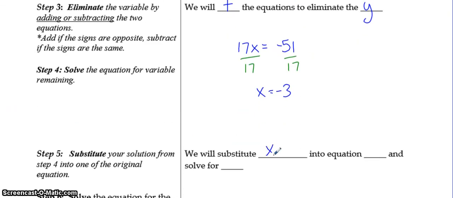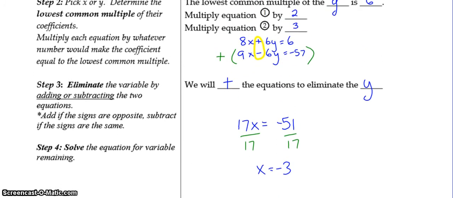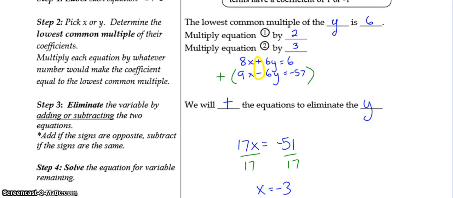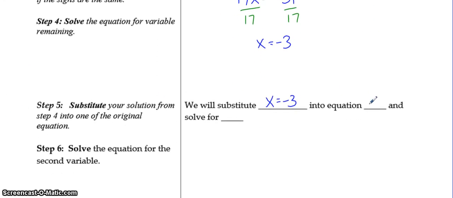Now we're going to substitute that x equals negative 3, and we're going to substitute it into either one of the equations, number 1 or number 2. So let's substitute it into number 1. And we're going to solve for y.